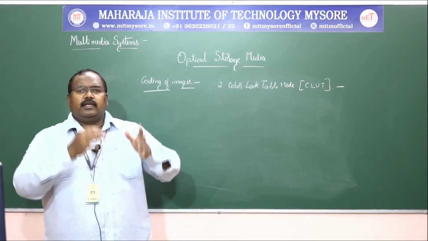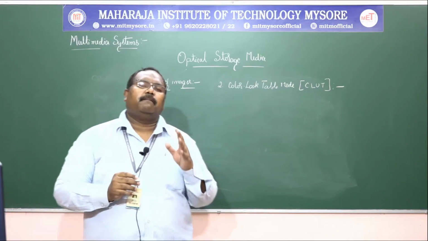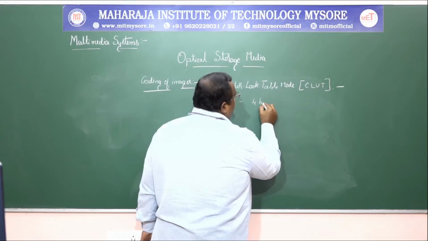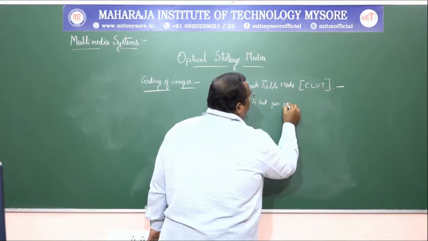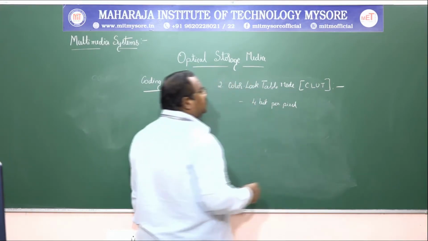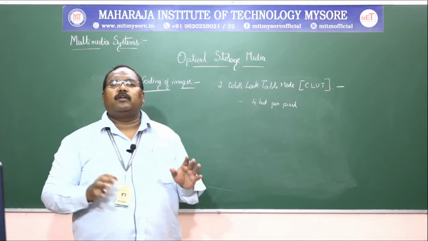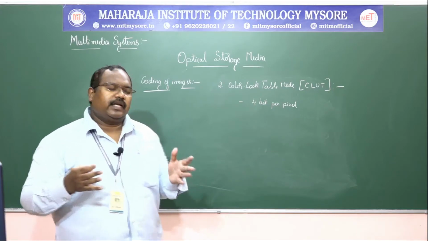What is the main specification of this? It works with 4 bits per pixel. Here 4 bits per pixel are used, and it is suitable for graphics, for retrieval using preloaded colors.